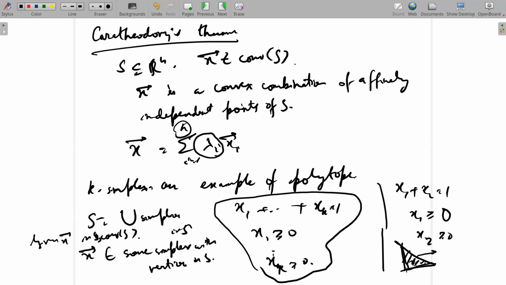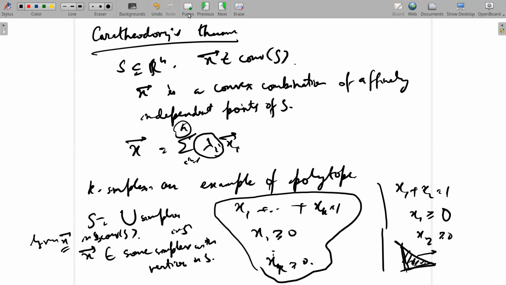What I've shown is X is a convex combination of affinely independent points of S. So take those points. These are affinely independent. What was the definition of a simplex? A K simplex was the convex hull of K plus 1 affinely independent points. So you choose those affinely independent points, generate that simplex. So X belongs to that simplex, and depending on X, these points might change, but it is in some simplex.